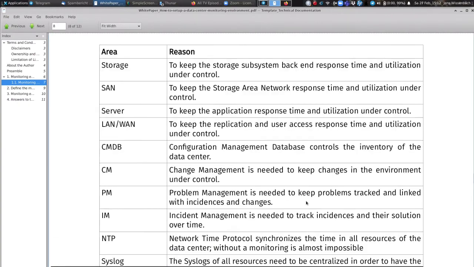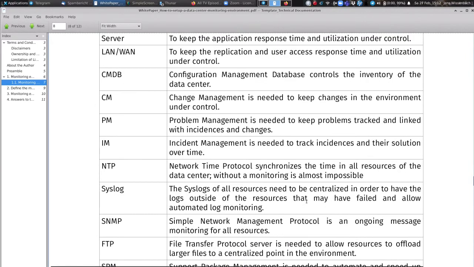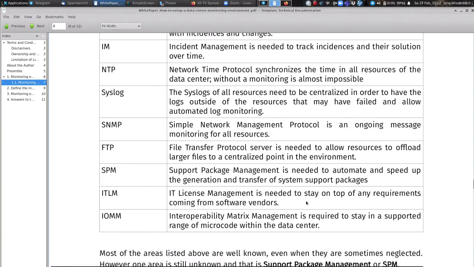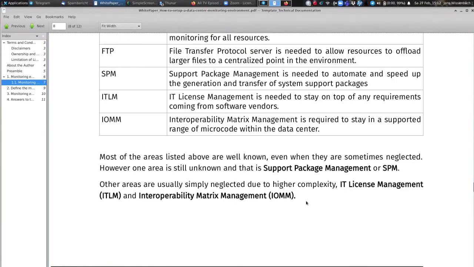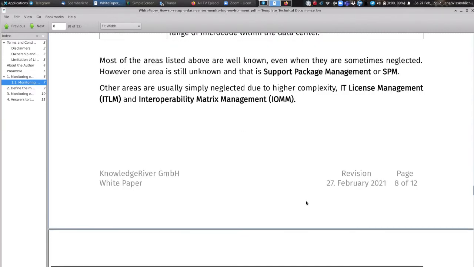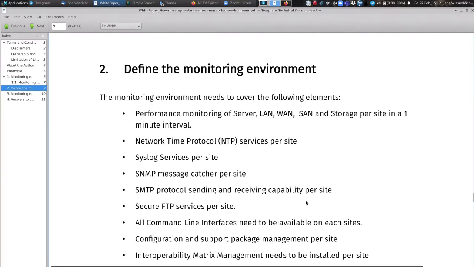Here is a list of items that we will need to look at when we talk about how you monitor your infrastructure. We will also see that interoperability matrix management and support package management are an integral part of your monitoring.